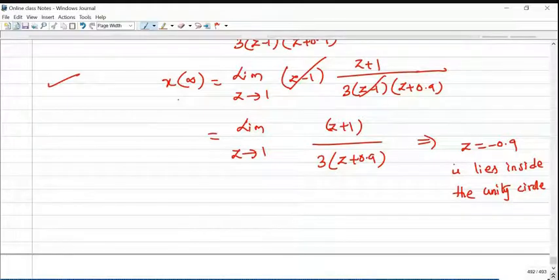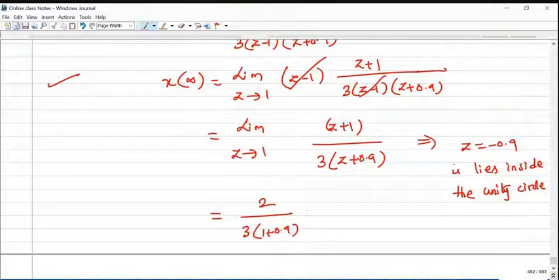Therefore, the final value theorem is valid. Substitute z equals 1. 1 plus 1, 2, divided by 1 plus 0.9, and you'll get around 0.3508.